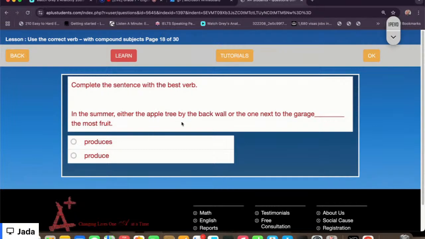In the summer, either the apple tree by the back wall or the one next to the garage dashed the most fruits. Which of the verb here?